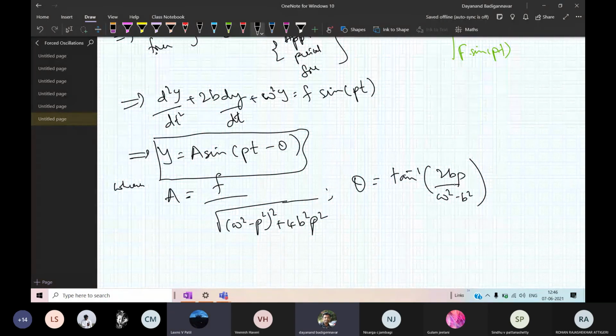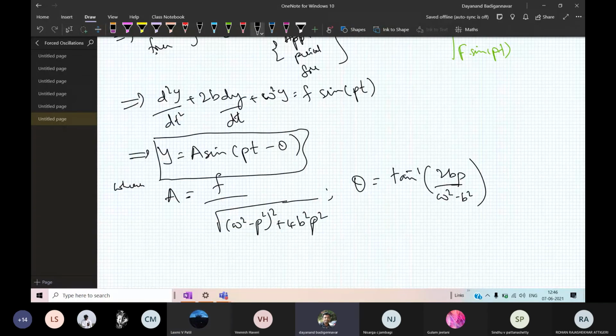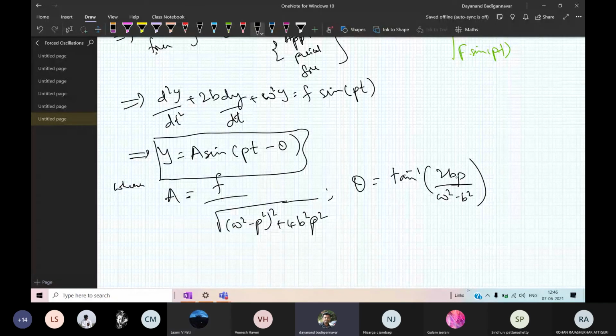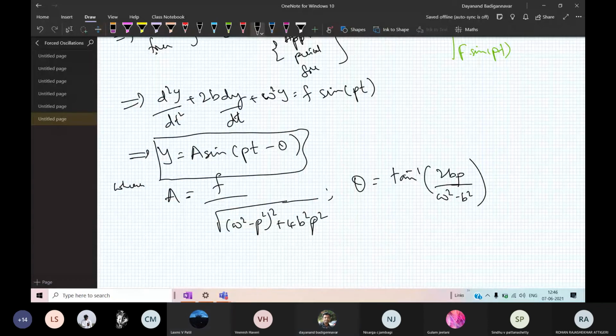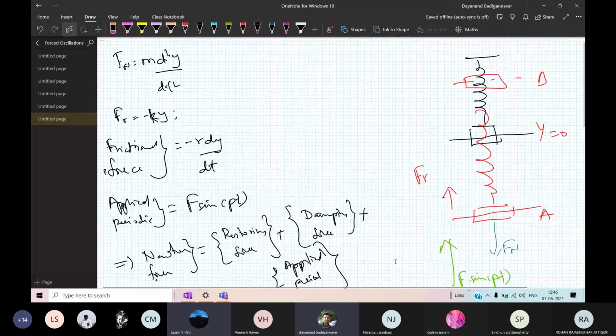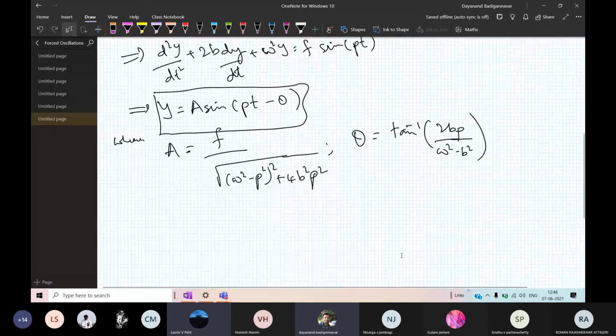Okay, even after doing this many times I get confused, because these are all lengthier, so we miss it. Okay, very good. So these are very important.